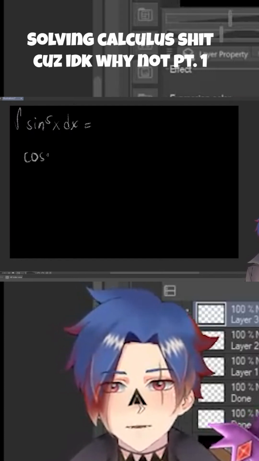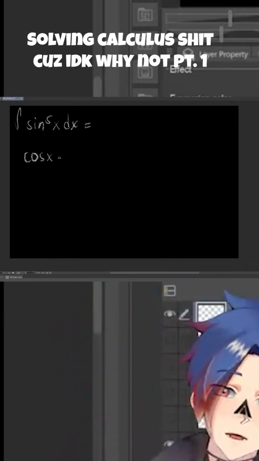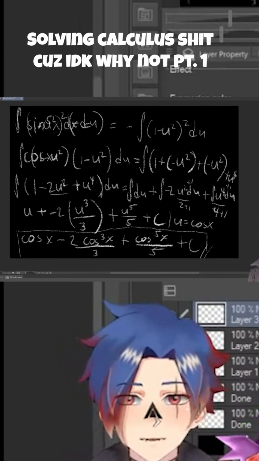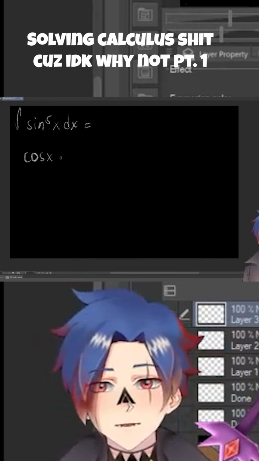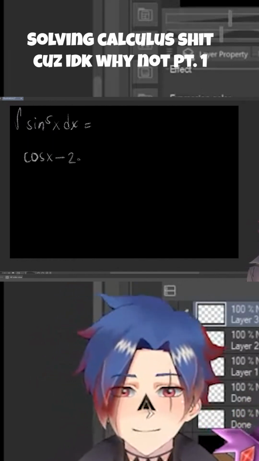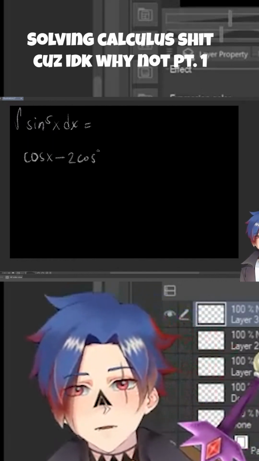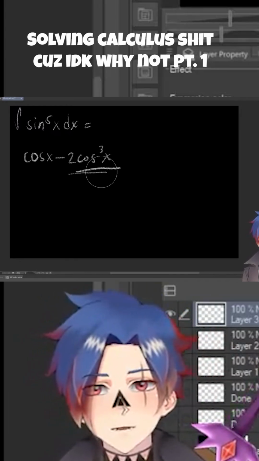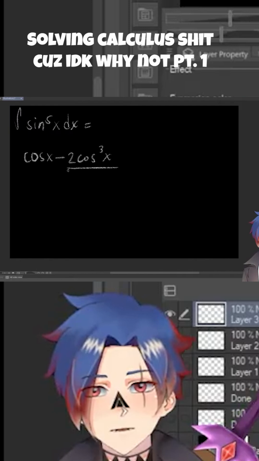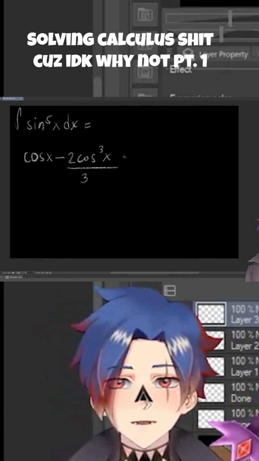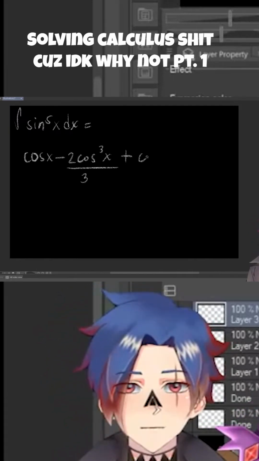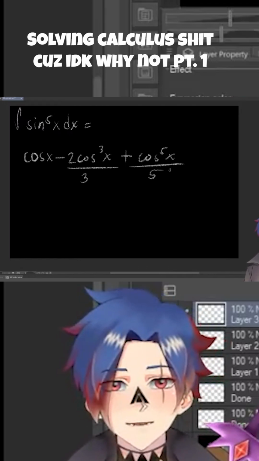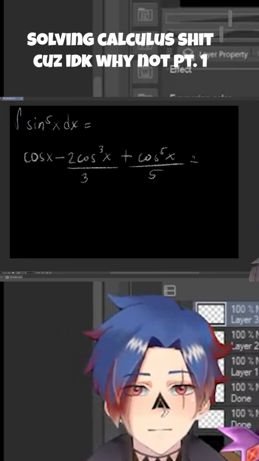Cosine x, is it cosine? Cosine x plus 2 cosine to the third power x over 3 plus cosine to the fifth power x over 5 plus c.